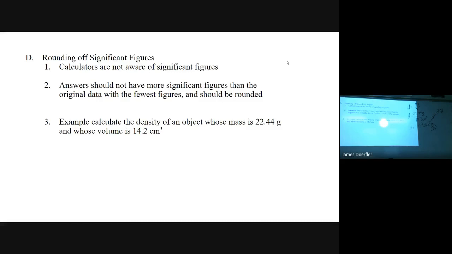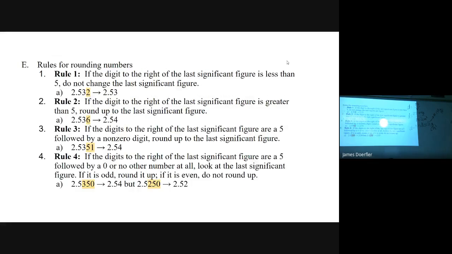Now, I've got a brief few rules that we're going to talk about in terms of rounding. It basically reiterates it, but I still want to go over it. Okay. Rule 1. If the digit to the right of the last significant figure is less than 5, do not change that last significant figure, meaning do not round it up.